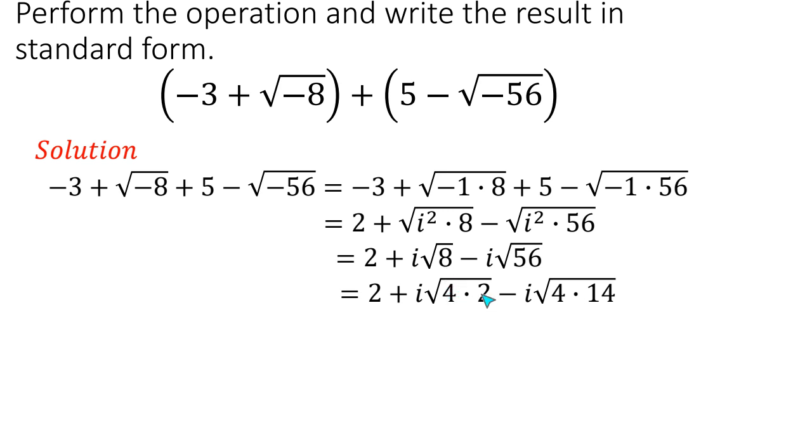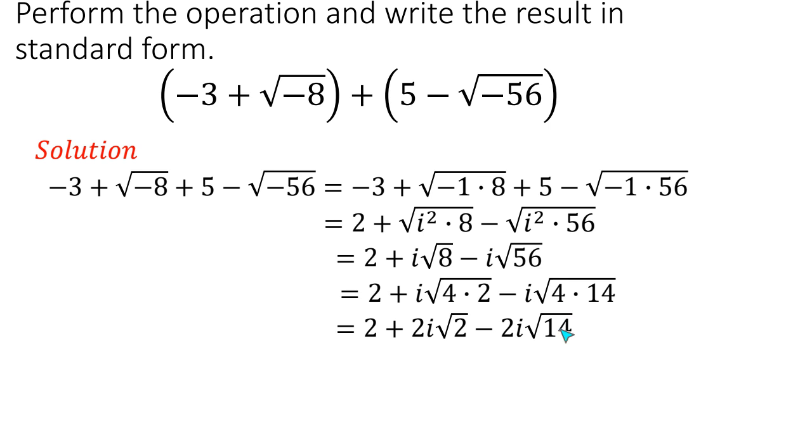And then 56, we have 4 times 14. Now the square root of 4 comes out as a 2, and don't forget your i. This 2 cannot come out, so it stays inside. And then this 4 would come out as a 2. Okay, so now we have 2 plus 2i square root of 2 minus 2i square root of 14.